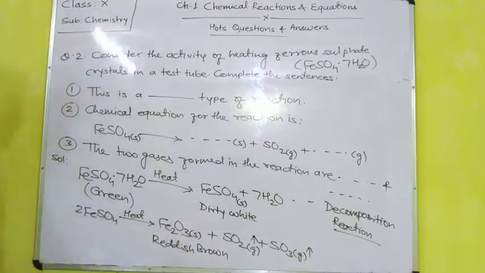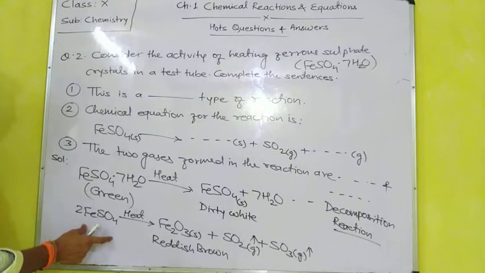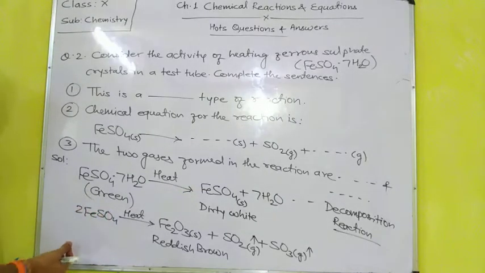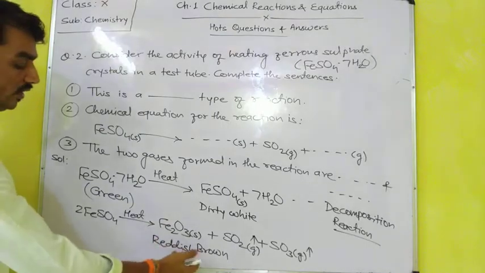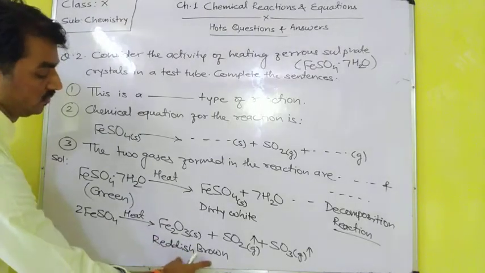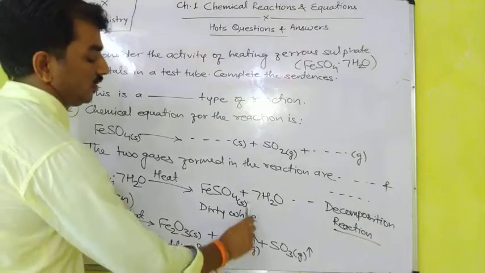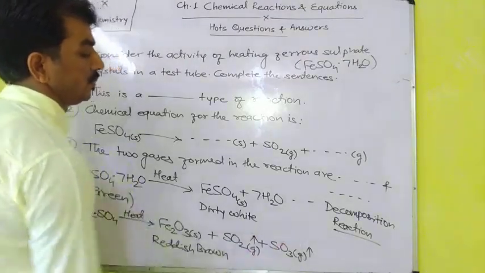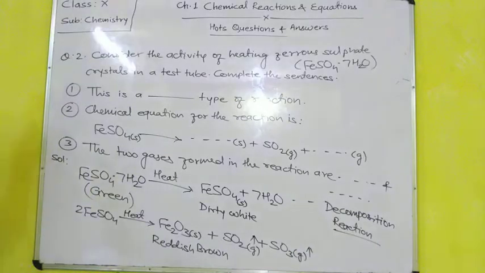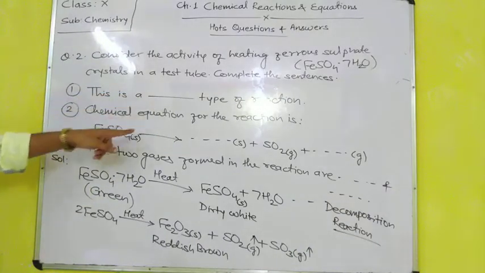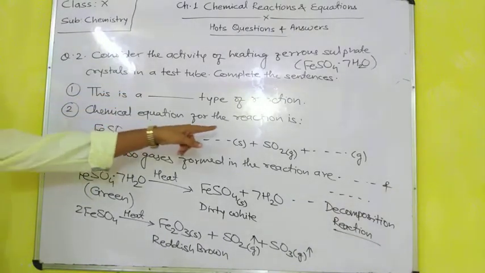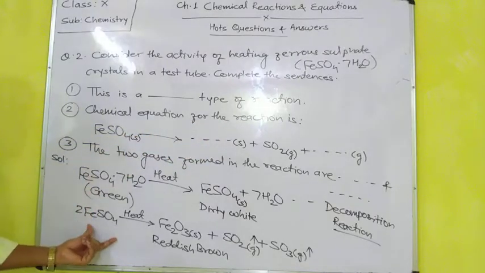If we again provide heat to the test tube, the unhydrated ferrous sulfate finally converts into reddish brown ferric oxide, along with the evolution of sulfur dioxide and sulfur trioxide. So this is a decomposition reaction. The chemical equation for the reaction is this one, ferrous sulfate.